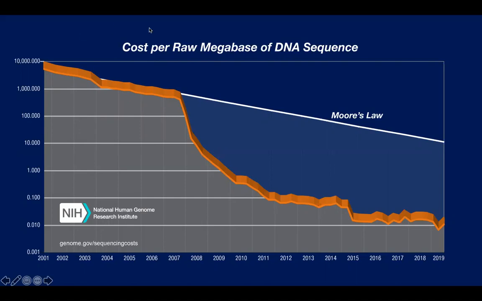And it basically traces sequencing costs. So this graph here shows the cost per raw, meaning that there is no bioinformatic processing done with it, which also costs money and time, million base pairs, so megabase of DNA sequence.